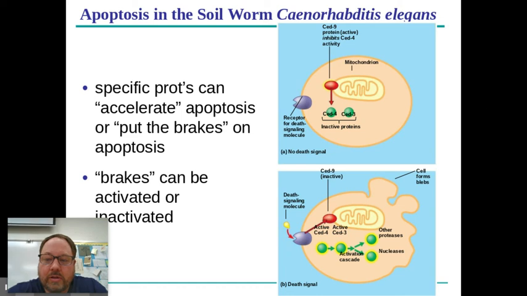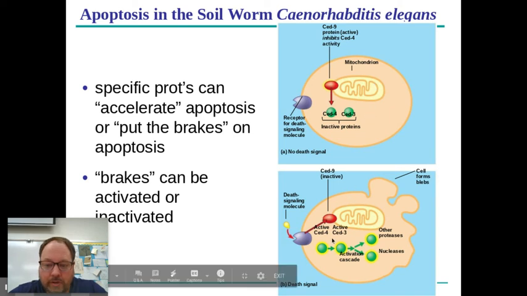So if we look closely here, these CED3 and CED4 proteins, these are cellular assassins. These are enzymes that will cut up the DNA and cut up proteins inside of a cell and destroy them. So if we look in the second image here, when you activate CED3 and CED4, they act as proteases and nucleases. Again, they destroy proteins and they destroy DNA.